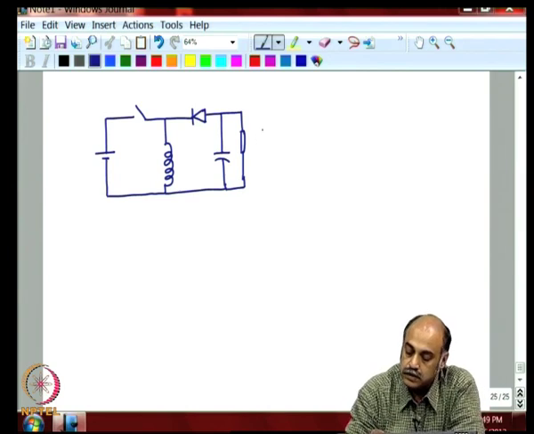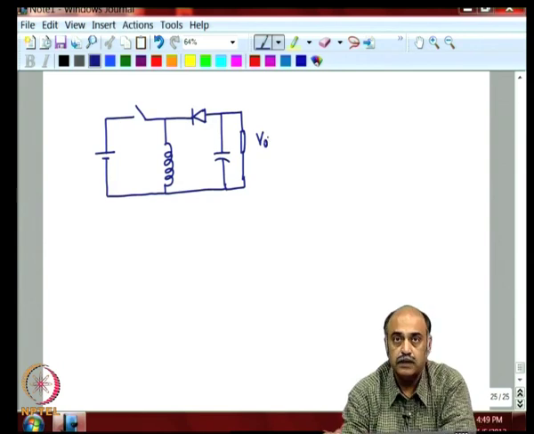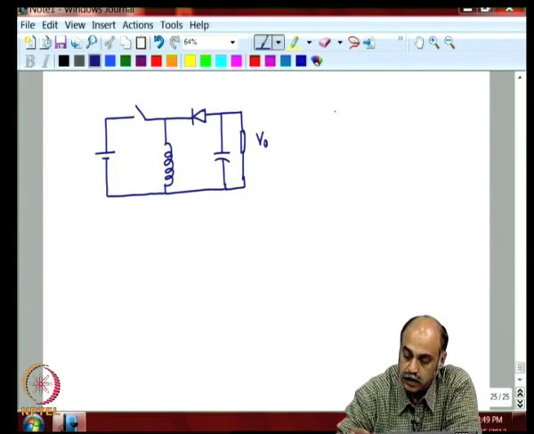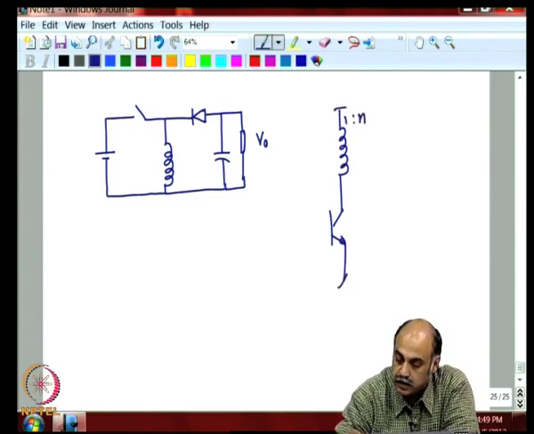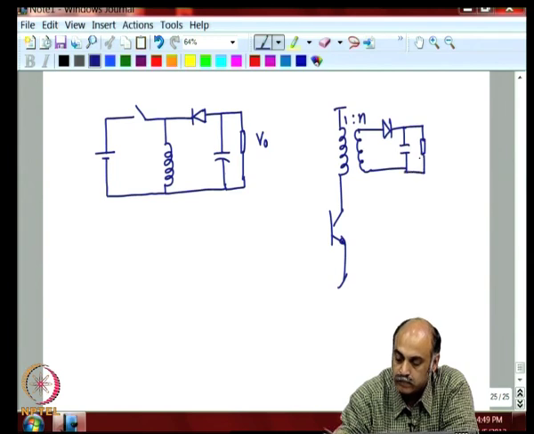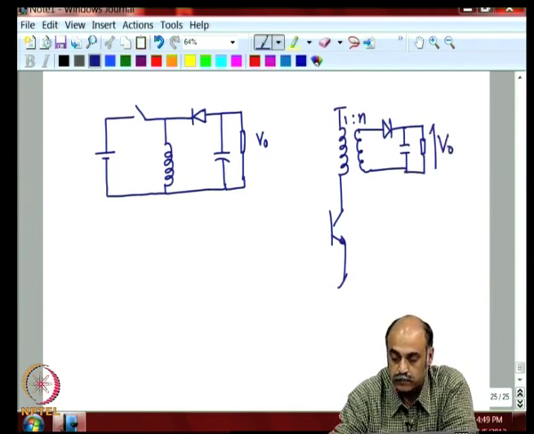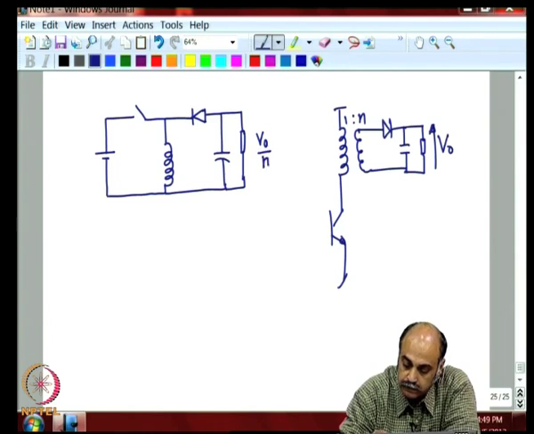Now, let us say that we want some V naught at the output, the final output of the isolated flyback, with a 1:n ratio. So, you need V naught here. Then, if the isolation is removed, if it becomes 1:1, it would be V naught by n.